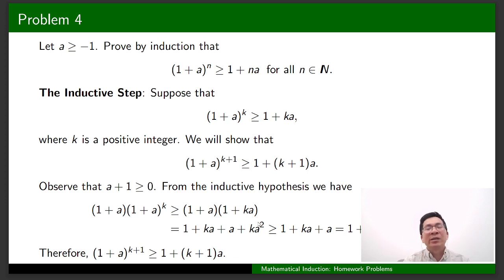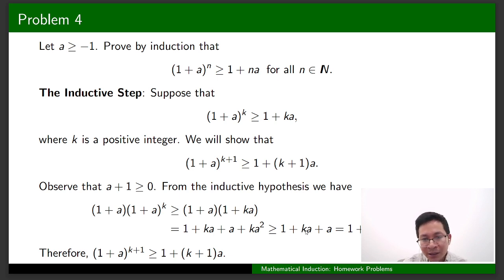So you have more, right, than 7. Okay, so that means this is greater than or equal to 1 plus ka plus a, because this is something, and then you add a non-negative number. So this is greater than or equal to this. Think about this again. 7 apples, and then you add 2 apples. 9 apples have more. So it's greater than or equal to 7.